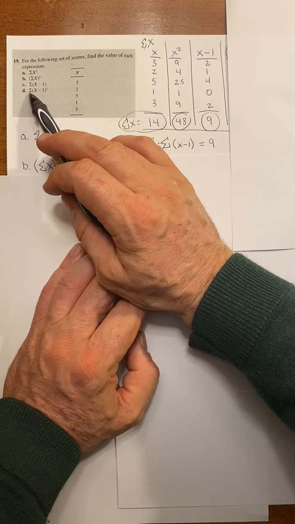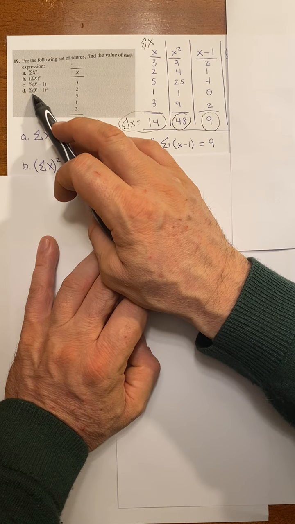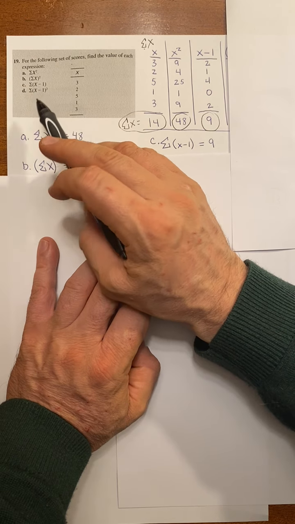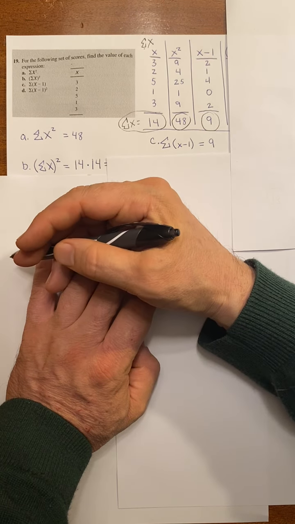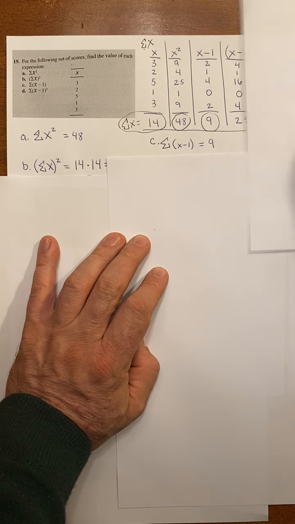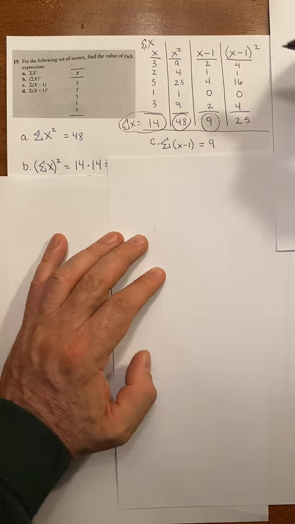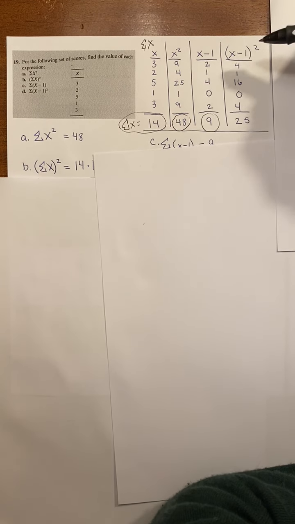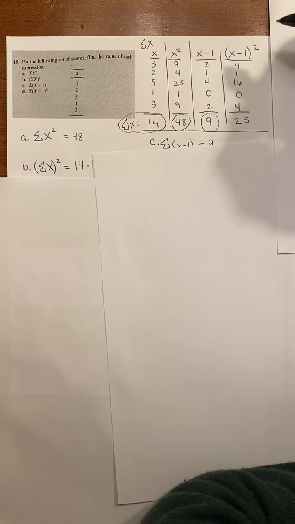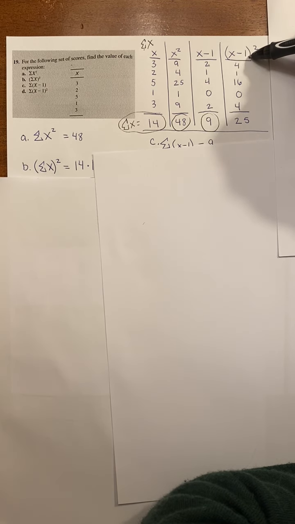Okay, so then question number D is now saying, oh, okay, well, take those x minus 1s and square them. So what are we going to do there? We're going to create another column, and we're going to call that column x minus 1 squared. And we're going to take each x minus 1 that we created, and square each of its values.